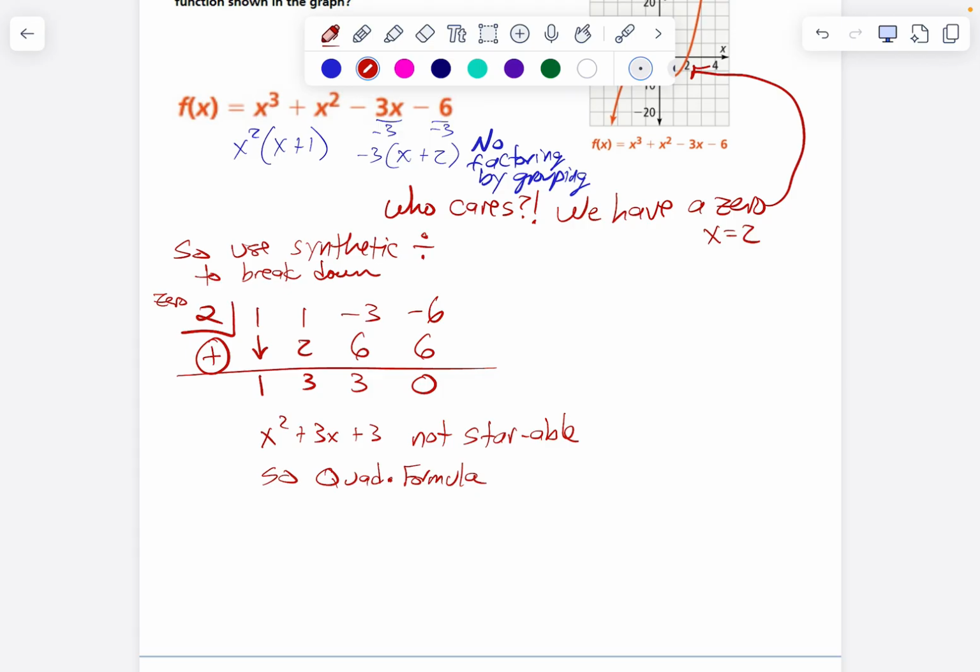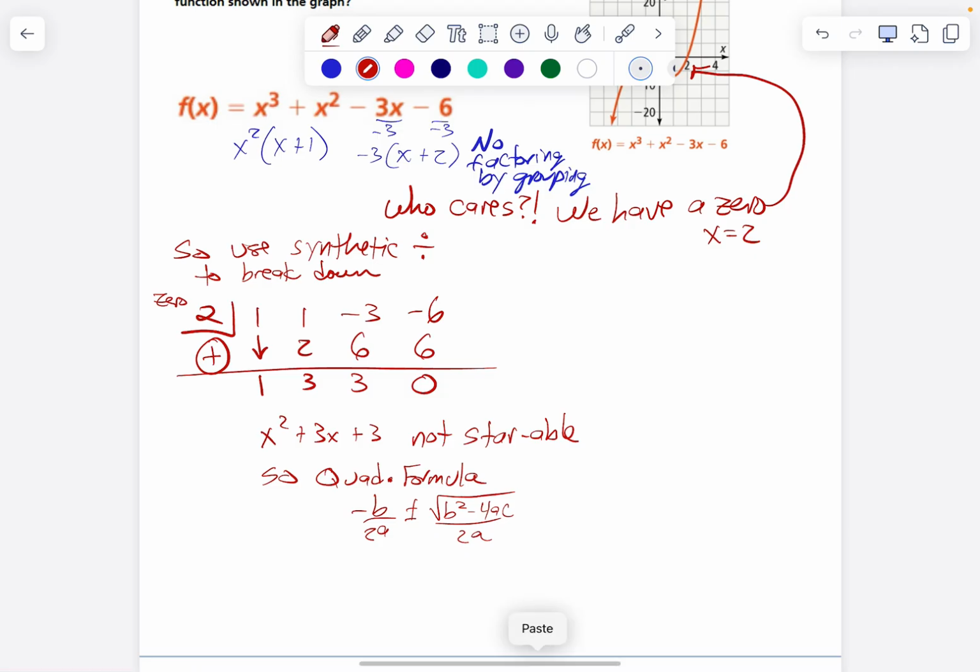It's awesome. Okay, quadratic formula would be negative b over 2a plus or minus the square root of b squared minus 4ac over 2a. Okay, and now we're going to continue on.